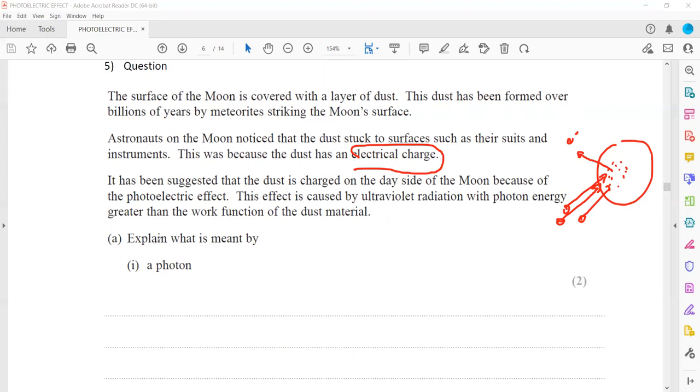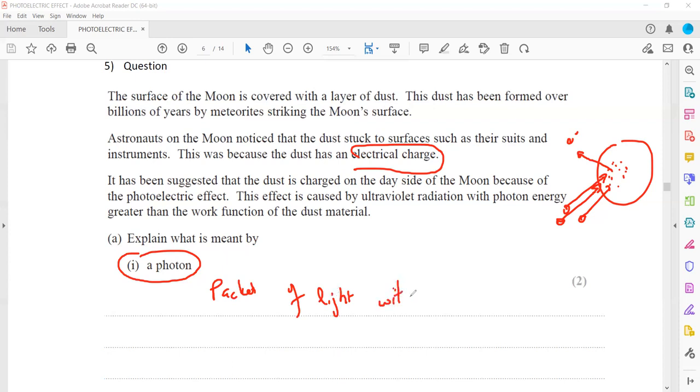So what is meant by the term photon? How do we define the term photon? A photon is a particle of energy, or a particle which carries light energy, you can also mention. So a packet of light, we can also say a packet of energy. So a simple definition, you can say it's a packet of light with a fixed energy, with quantized energy.